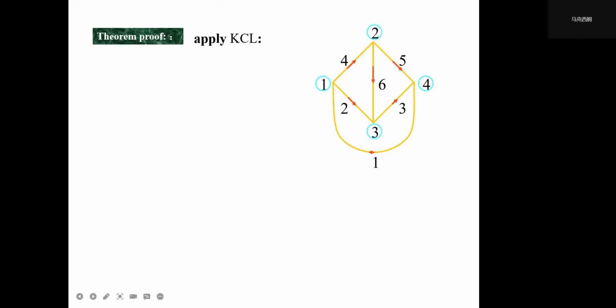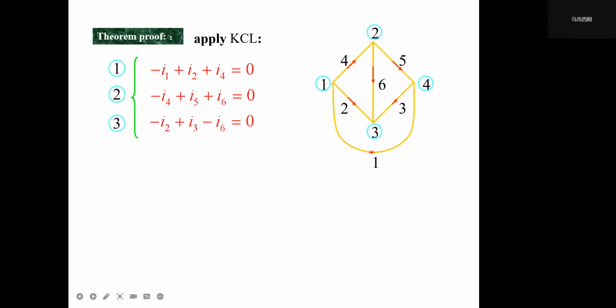So let's see the proof. We have a circuit like this, with 6 branches and 4 nodes. We can apply Kirchhoff's current law. Since we have 4 nodes, we only have 3 independent nodes, right?